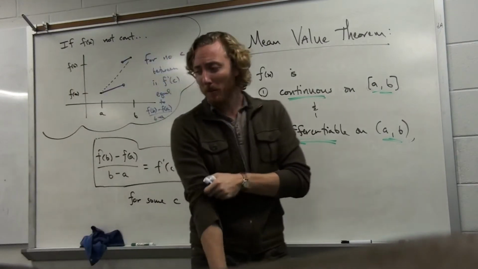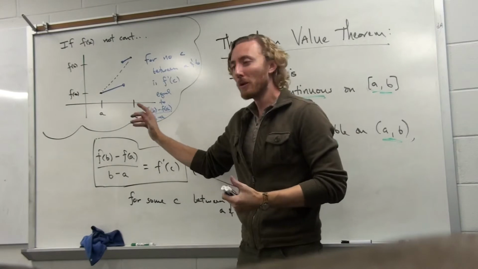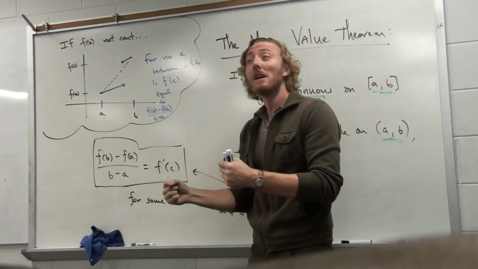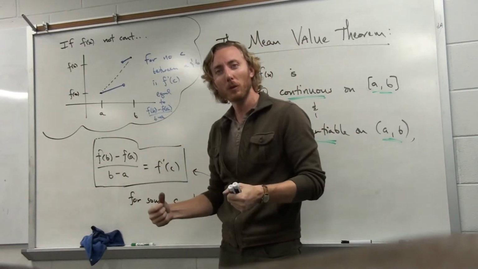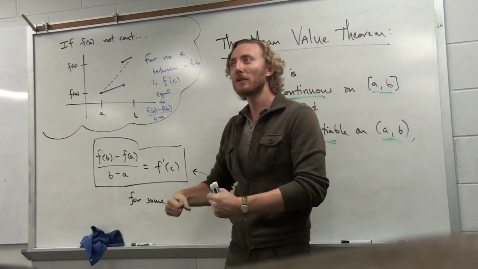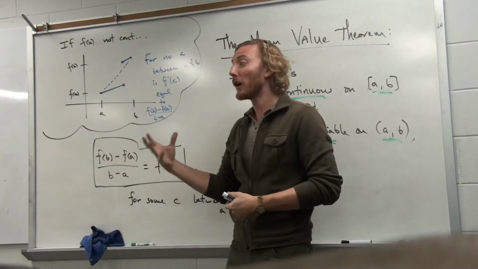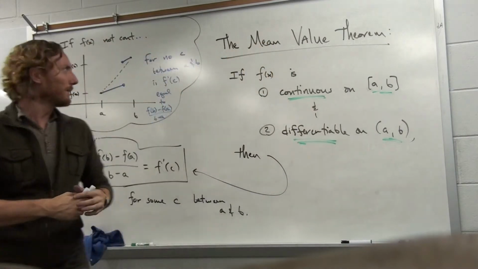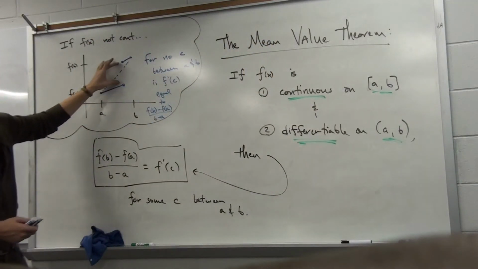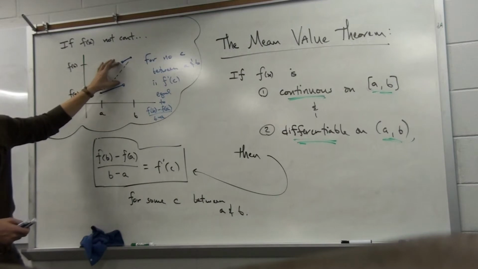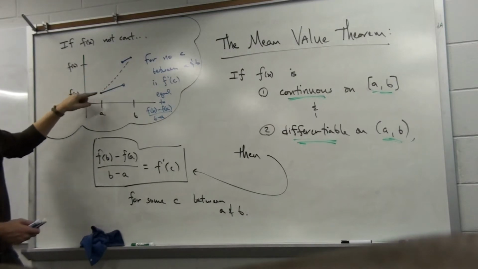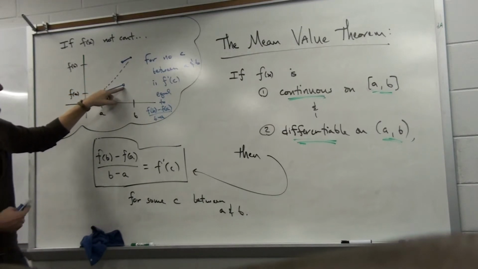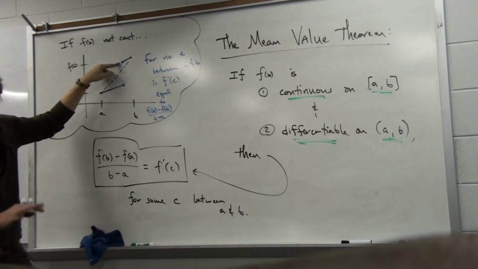So then you might be wondering, wait a second, is this possible when you're moving down the road in a car? Because if this was possible, the mean value theorem wouldn't hold for you moving down the road in the car and the cop couldn't pull you over. But what would it mean for your function to be not continuous? That would mean that you're traveling down the road and getting to this point and then instantly teleporting to another position.